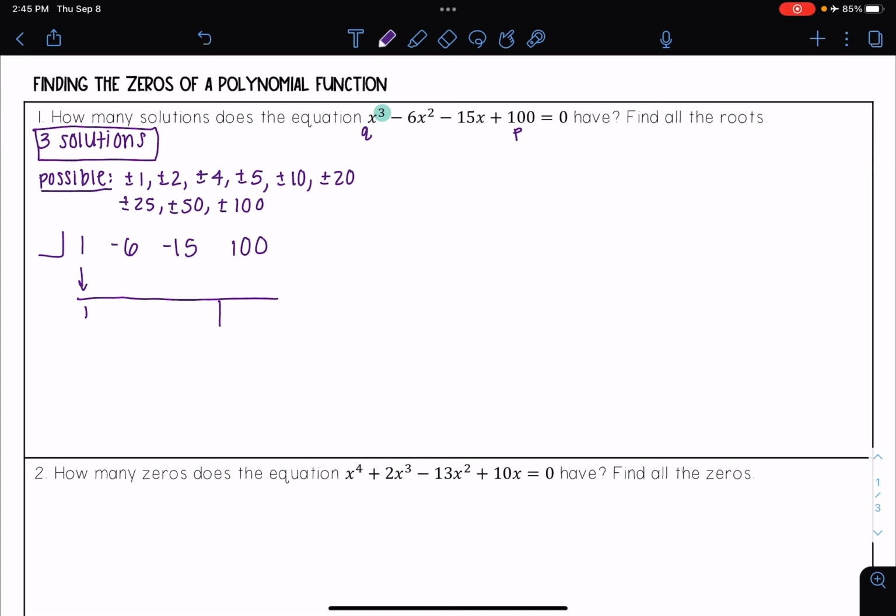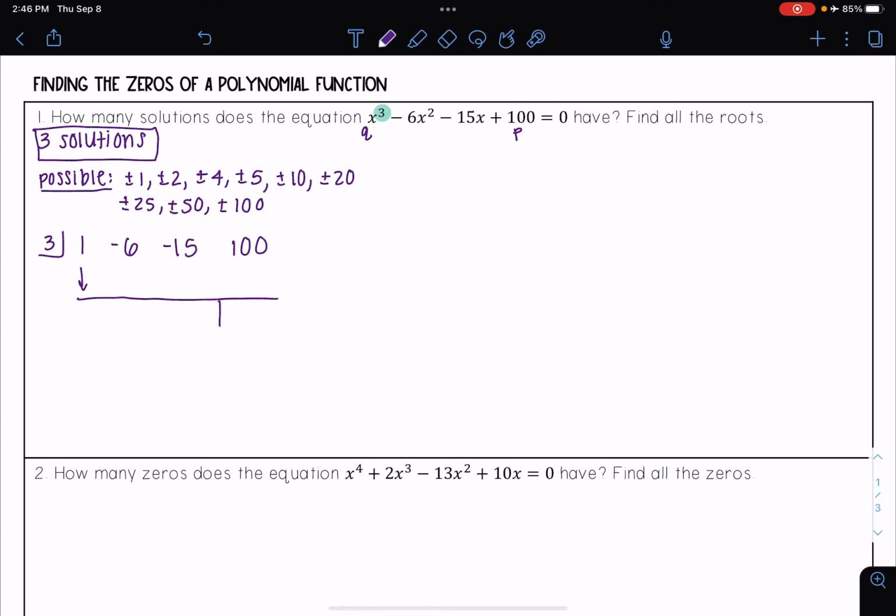So now I'm going to move to 2. 1 times 2, I get 2. -6 plus 2, I get -4. 2 times -4, I get -8. -15 plus -8, I get -23. 2 times -23 does not give me -100, so it is not 2. Now we'll try -2. I'm just going to keep going. Nope, not -2.